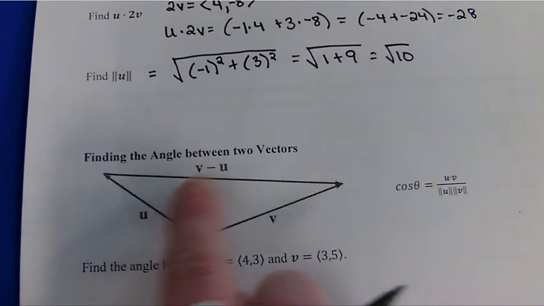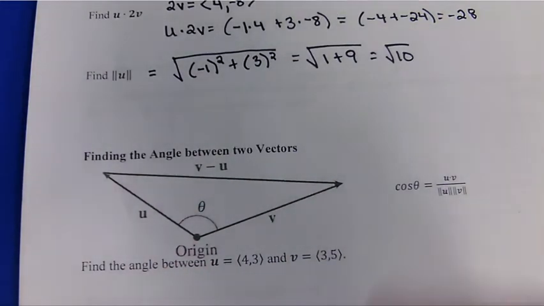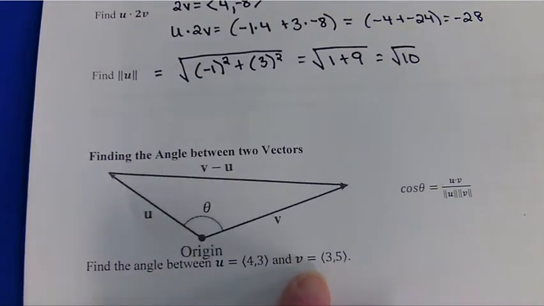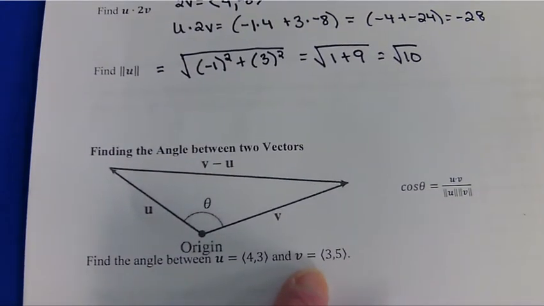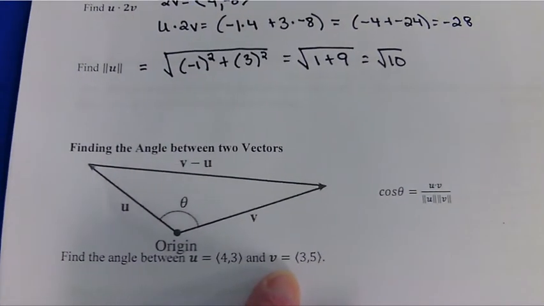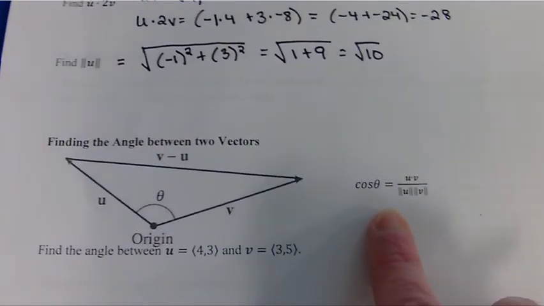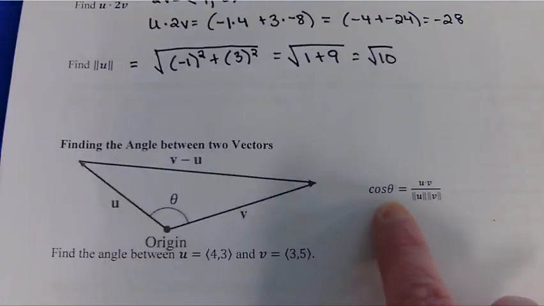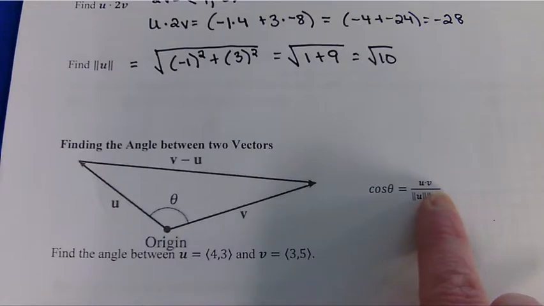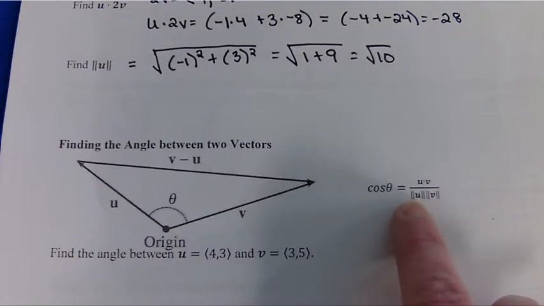So that ends up giving us v minus u instead of u plus v. And we want to find the angle between those two vectors. Well, here's the formula for it. The cosine of theta equals u dot v divided by the magnitude of u and the magnitude of v.